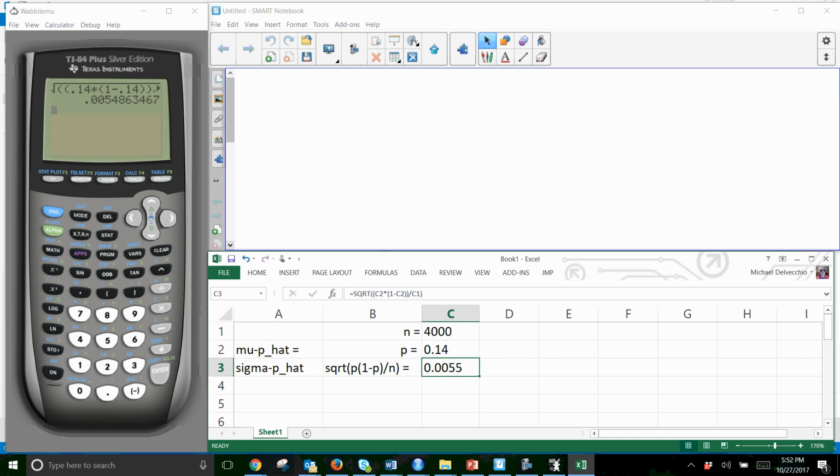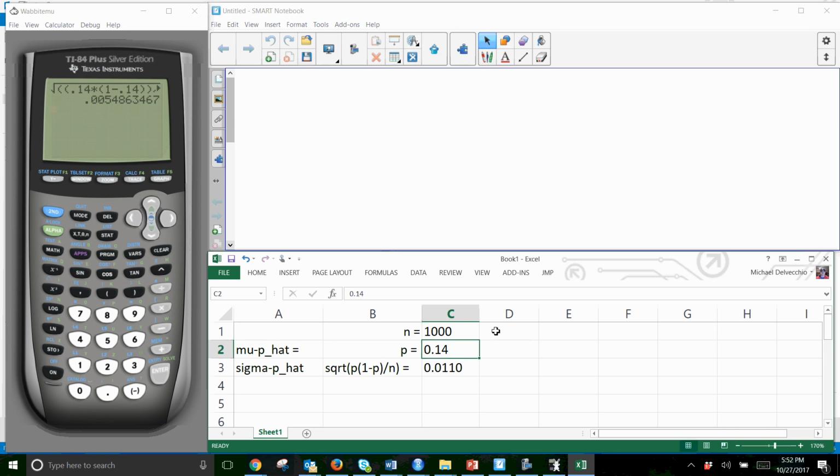All right, now notice for part B and part C, it wants to know the mean again for different sizes of n, but the mean of p hat doesn't have n in the formula, so it's 0.14 for all of them. The next thing we want to do is try this for n equals 1,000.